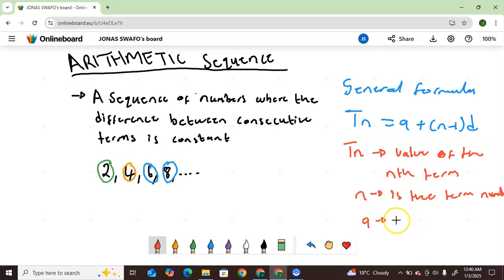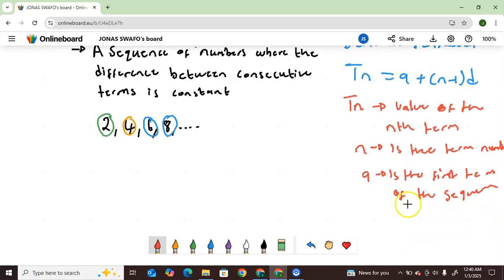A is the first term of the sequence. I like to say A is equal to T1.